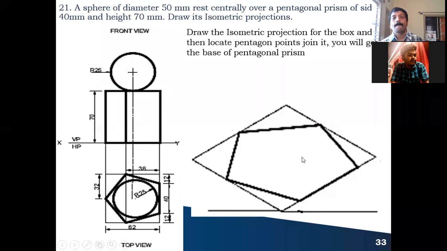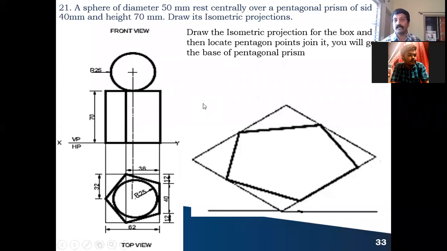You are going to get the base of the pentagon prism. So the base of the pentagon prism is ready. So how to complete the pentagon prism? In the previous case, if it were only a pentagon prism, what would we have done? You would have drawn the vertical line from all the 5 points, equal to the height of the pentagon prism, and joined them.